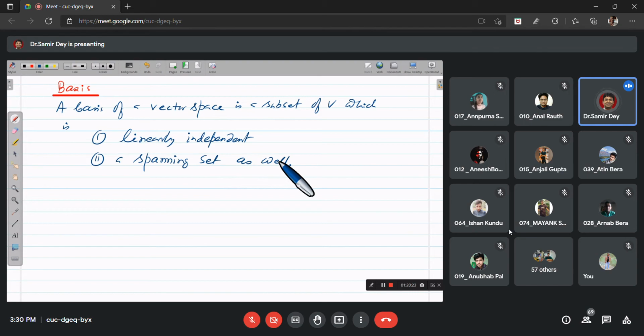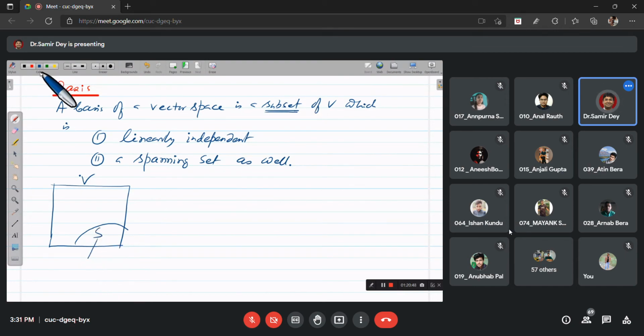A basis of a vector space is a subset of V which is linearly independent as well as a spanning set. Now listen carefully, very interesting point. So this is your vector space. This is one subset, let us say S.